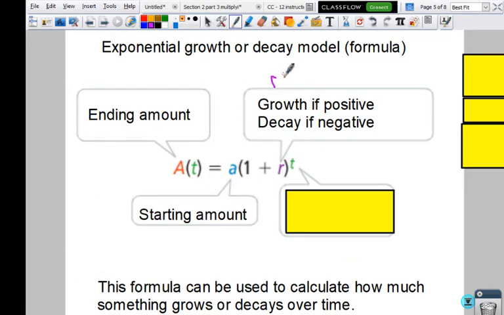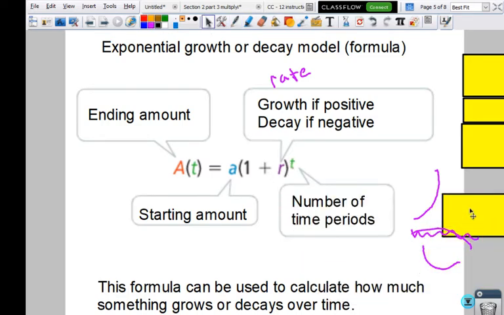If it's positive, we have exponential growth, which means we're getting bigger. If it's negative, we're going to have exponential decay, which means we're getting smaller. And then the last one, the t, is the number of time periods, or just time.